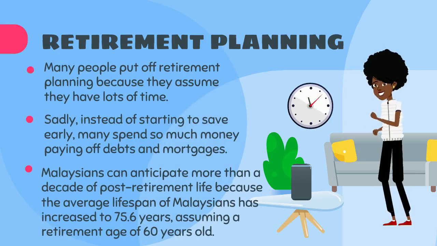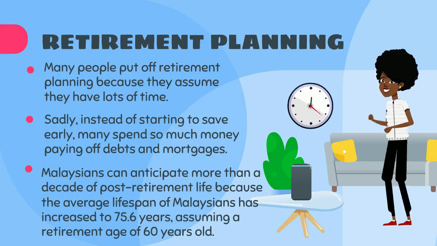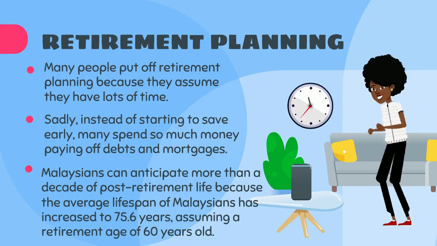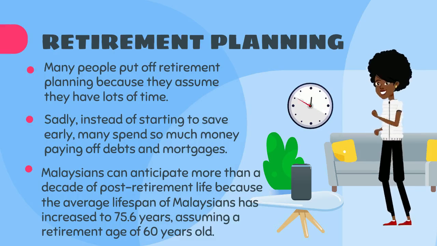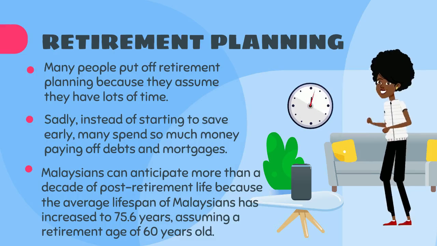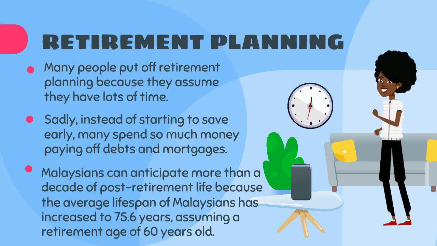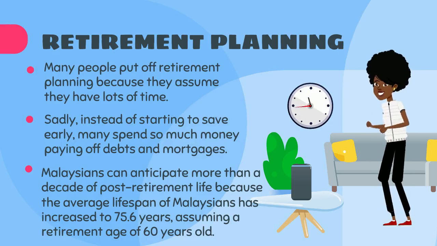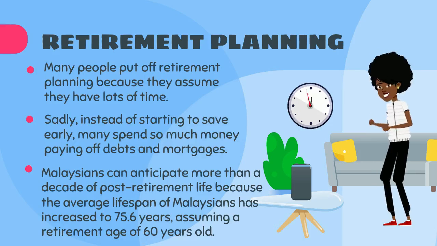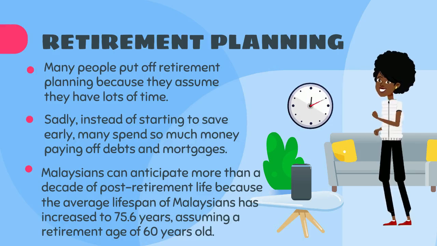Sadly, instead of starting to save early, many spend so much money paying off debts and mortgages. Malaysians can anticipate more than a decade of post-retirement life because the average lifespan of Malaysians has increased to 75.6 years, assuming a retirement age of 60 years old.